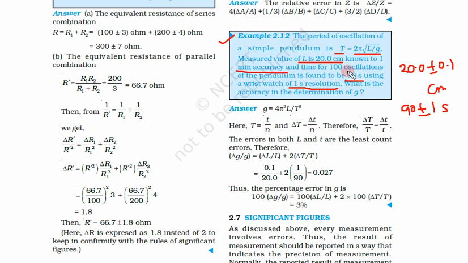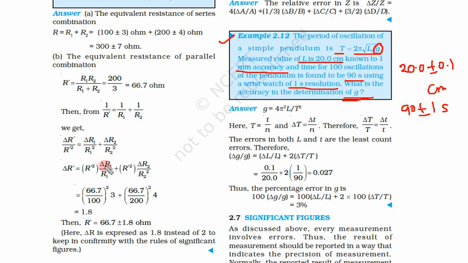Also if you observe, there is no decimal point, so that means this last digit is uncertain, that means plus minus 1. What is the accuracy in determination of G? So we have to calculate the accuracy in determination of this gravitational acceleration.